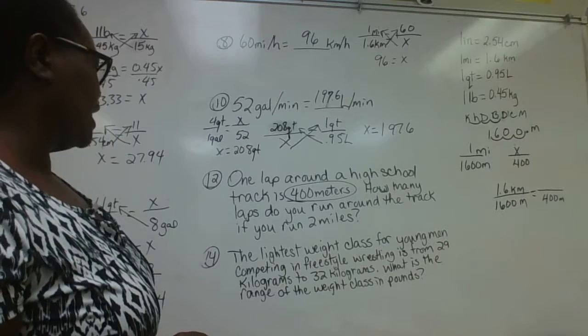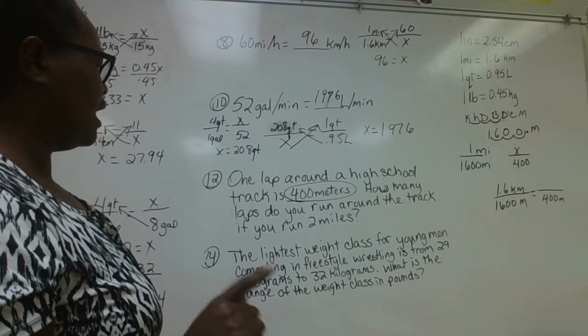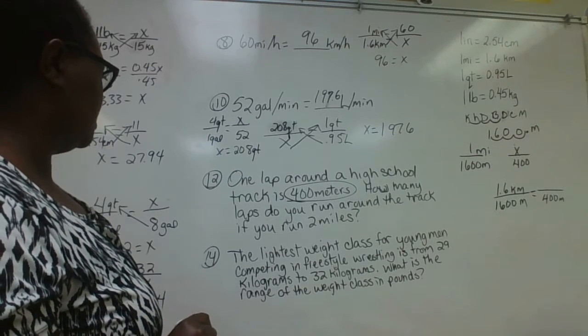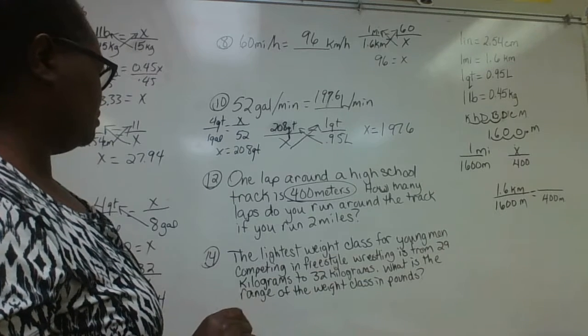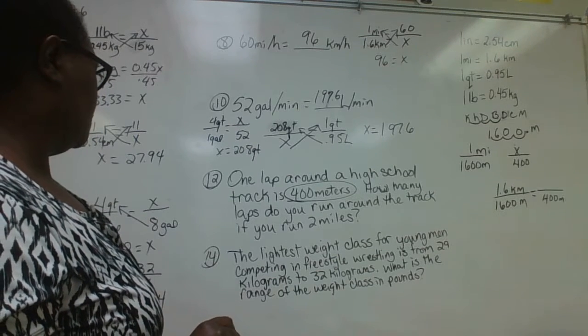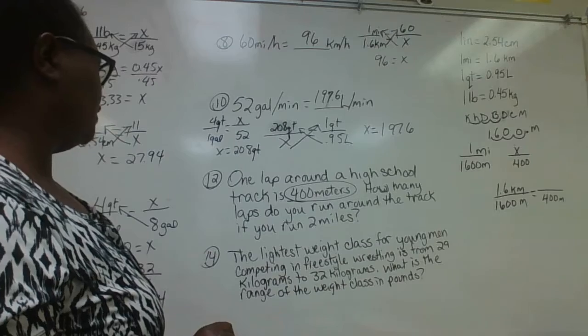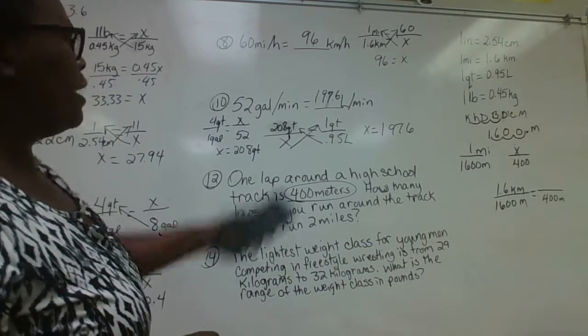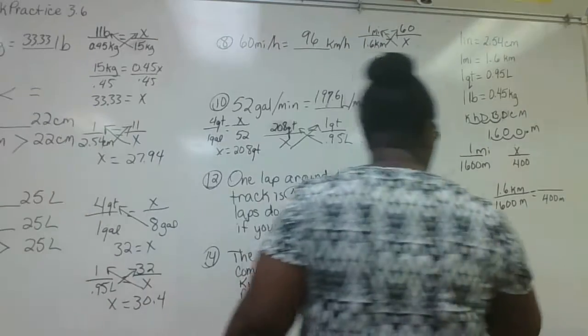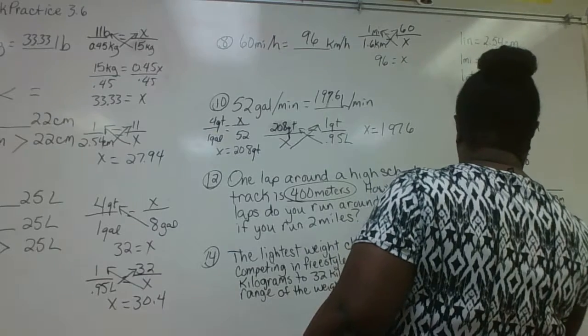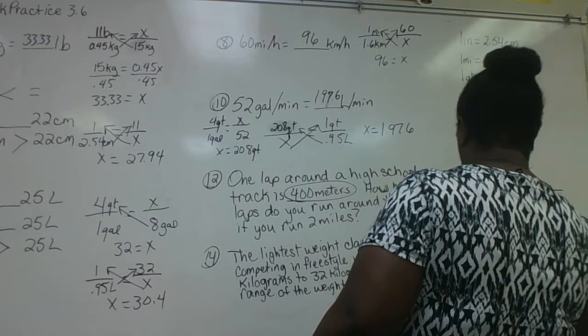The lightest weight class for young men competing in freestyle wrestling is 29 kilograms to 32 kilograms. Okay? All right. What is the range of weight in pounds? So we got pounds and kilograms up here. So 1 pound to 0.45 kilograms. Okay?